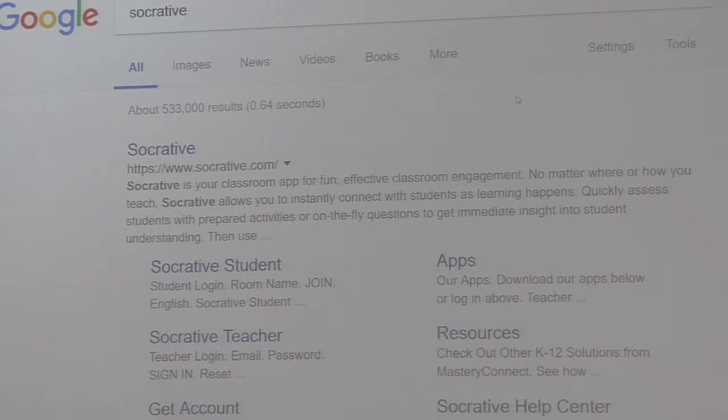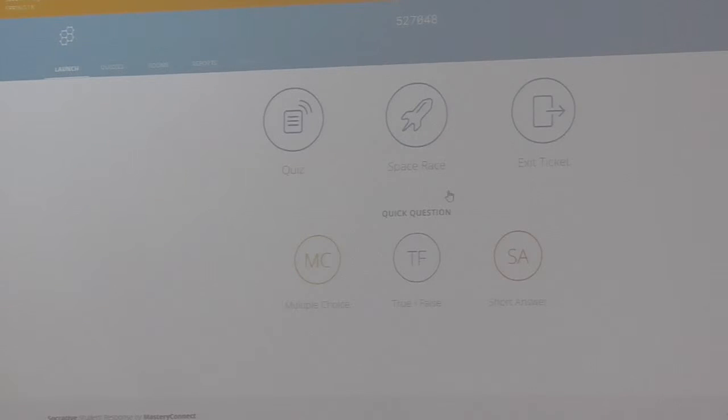Did you load it with Socrative yet? Yes. Oh, yeah, you can do it on the browser, no problem. Is everybody ready? Okay, I'm going to show you right now.